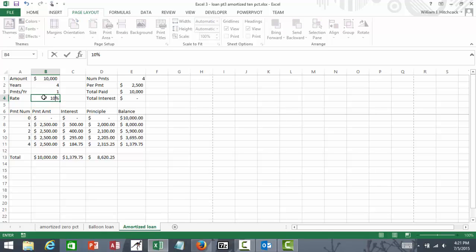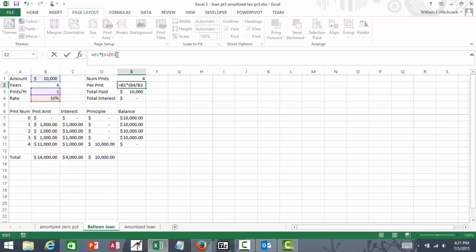So let's set this at 10% and start playing the what-if game of how much we have to change this periodic payment to pay off my loan. Well, if we think a little bit about it, if we go back to the balloon loan, there the interest was just the $10,000 times the 10% divided by one payment per year.